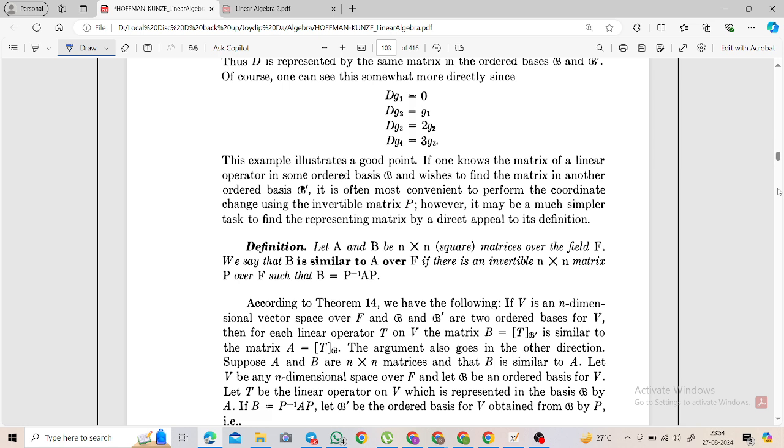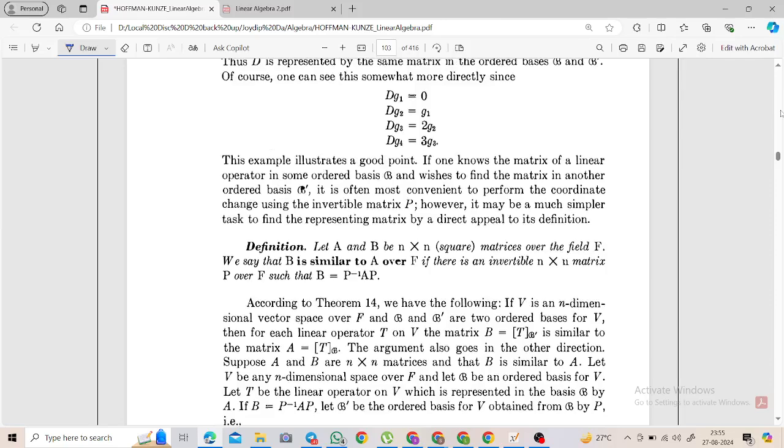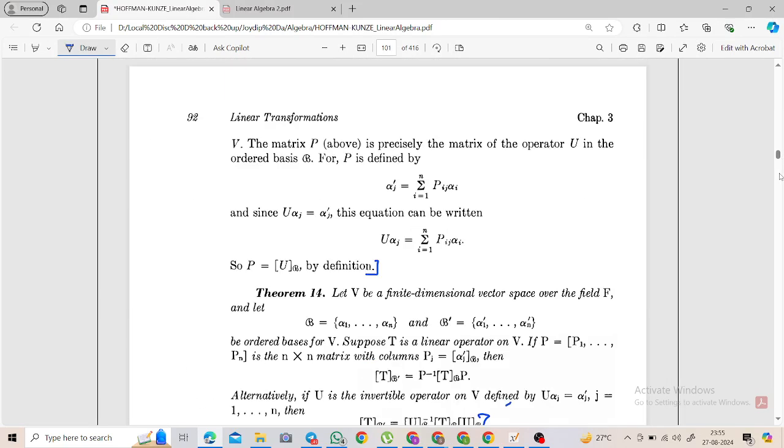Hoffman, Kunze, these books can actually be read by the student himself. This is not Rudin, where you need guidance. Actually, Rudin is too precise sometimes. Tell me when you are done.